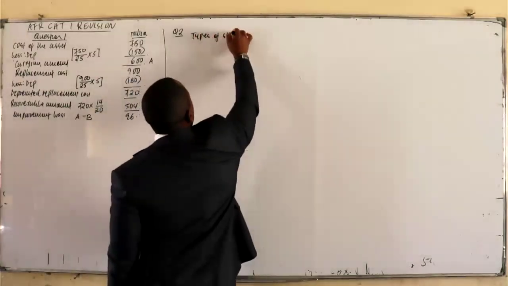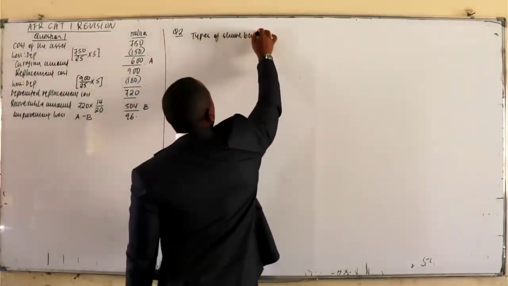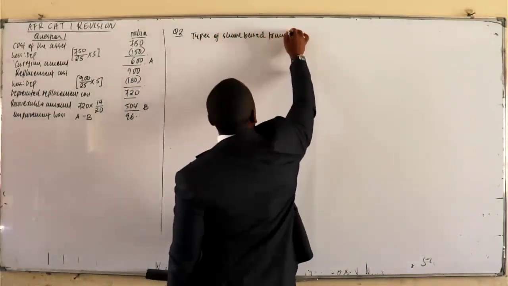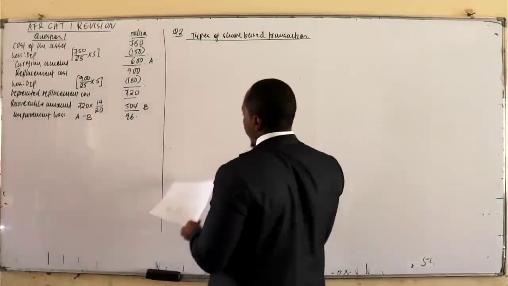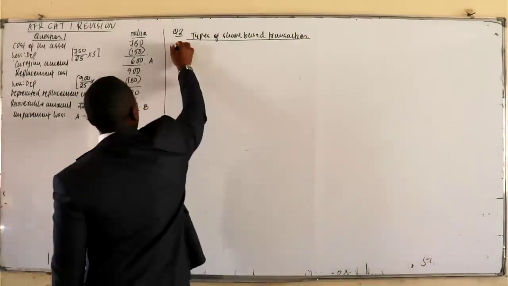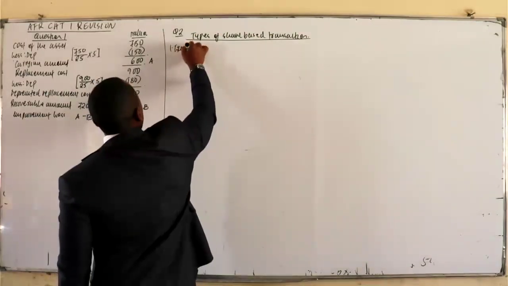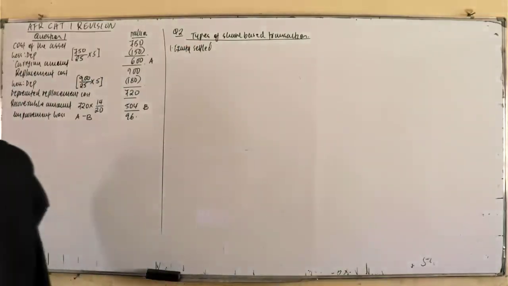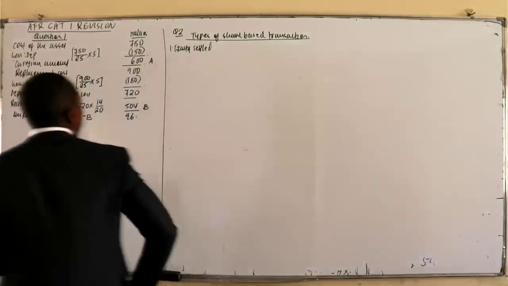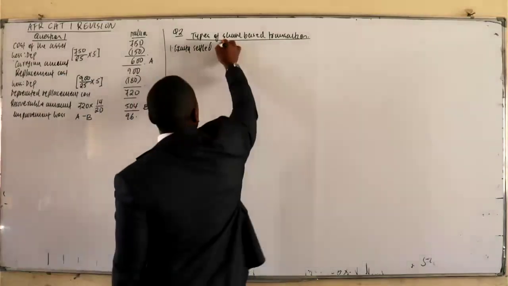Types of share-based transactions. And we say that there are 3 types of share-based payment transaction. Number 1 was the equity settled share transaction.